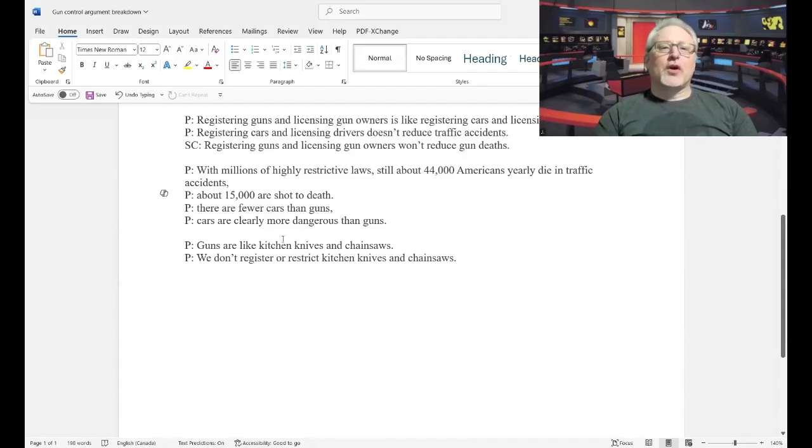15,000 are shot to death, fewer cars than guns. Cars are clearly more dangerous than guns. This makes it sound like he's trying to make an argument that cars are more dangerous than guns, but that doesn't really support the conclusion that the government shouldn't require licenses for guns.